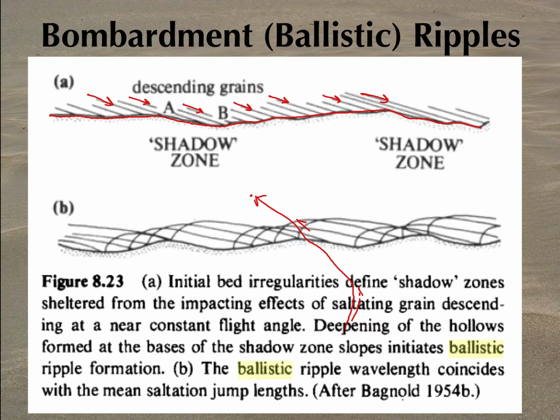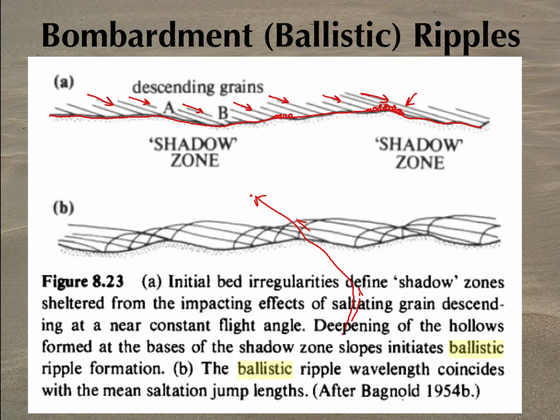These grains are hitting the bed at various points and nudging along the coarser grains. And those coarser grains will continue to be nudged by this impact until they reach the crest. And you've got a traffic jam up here because those grains are no longer going to be moved by impact from above if they're in this sheltered area.